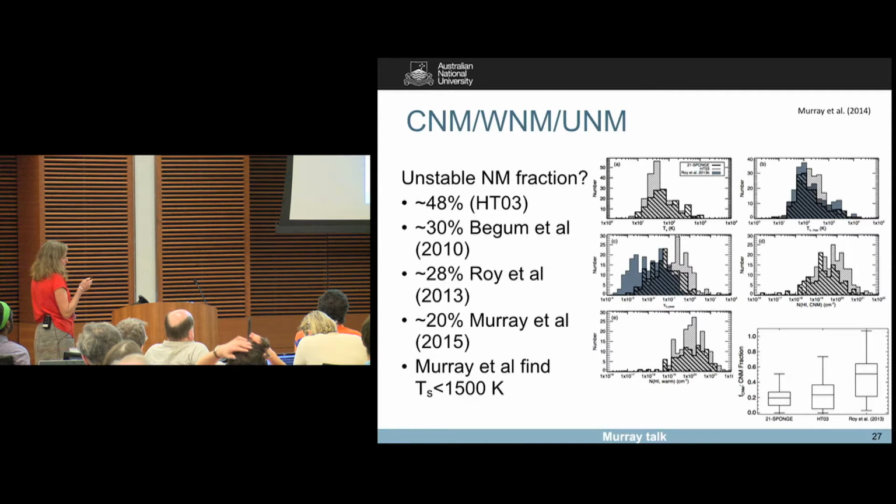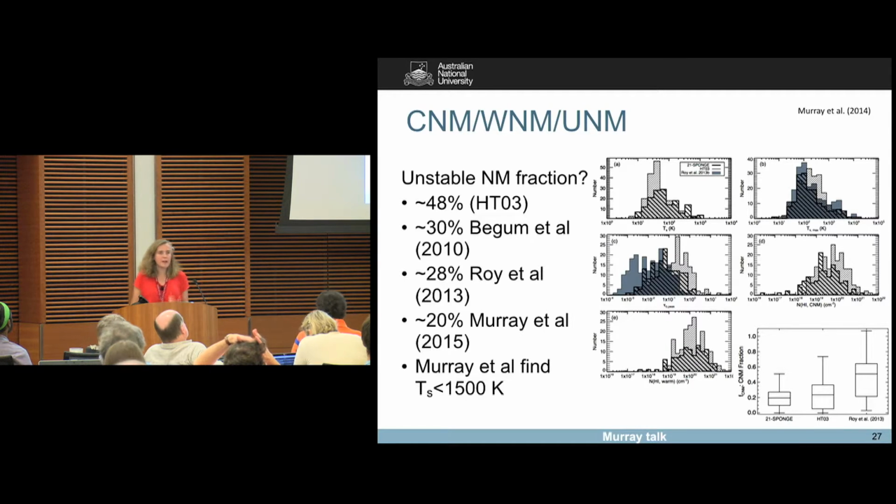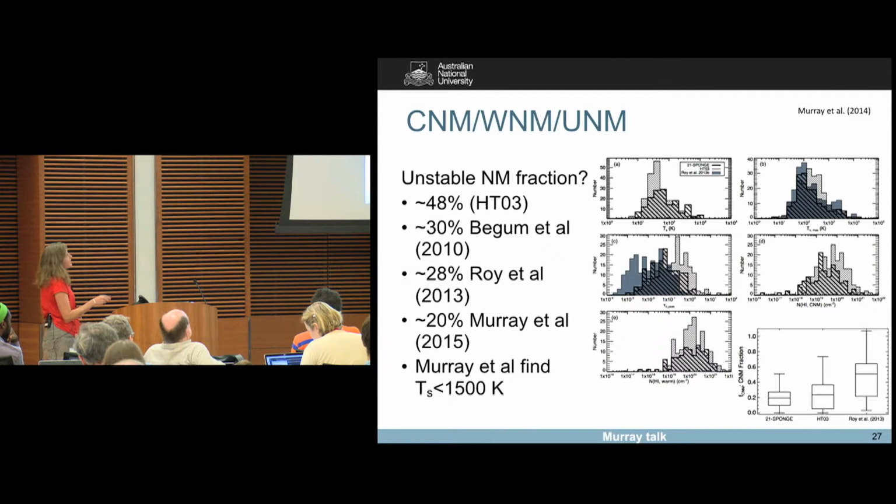And other people before have also been doing this a bit, trying to figure out the unstable neutral medium fraction. That comes down from the 48% that we see with Heiles and Troland, through 30% of Begum et al., 28%, and moving on down to only 20% in the recent work by Claire Murray et al.